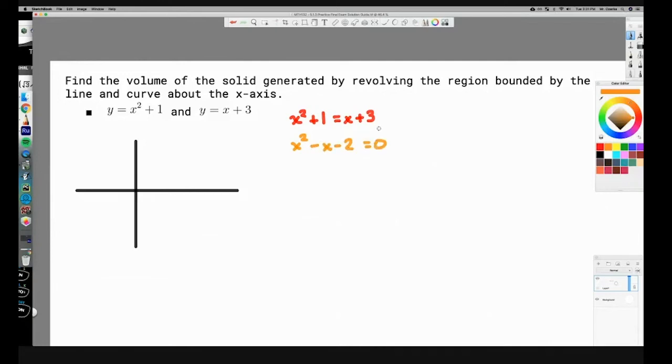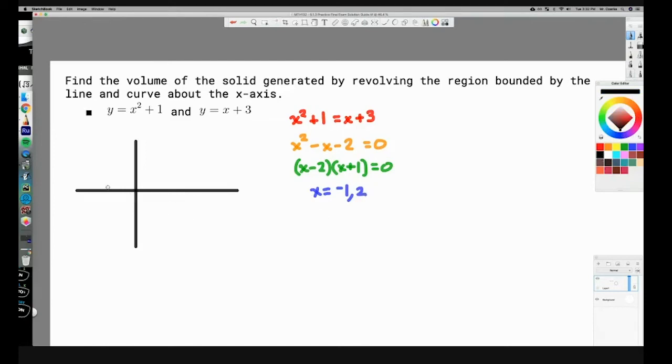So you end up with something like that, minus 2 minus x. And this is going to factor to x minus 2 and x plus 1, which ends up being 2 and negative 1. Now, if you graph this on your graphing calculator, you would see the intersections as well.